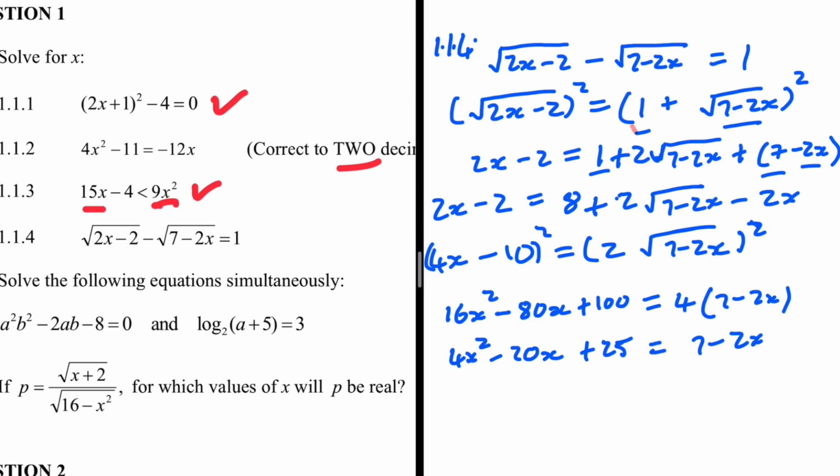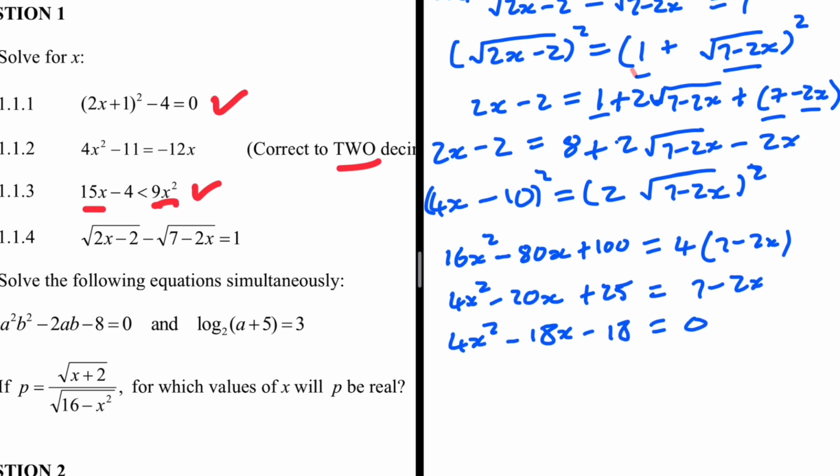So let's group the like terms. 4x squared minus 20x plus 2x, minus 18x, plus 25 minus 7. 25 minus 7, that is 18. So we're going to get minus 18x plus 18 being equal to 0. Okay, any common factor we can take? I think 2. We can divide everything by 2.